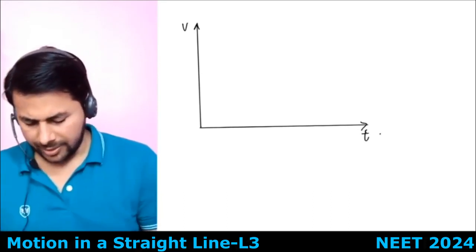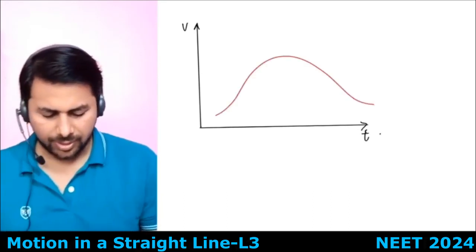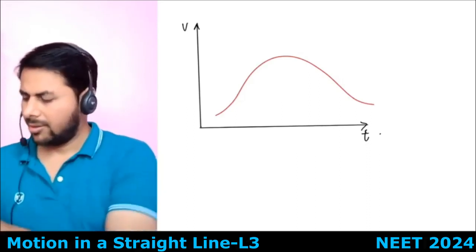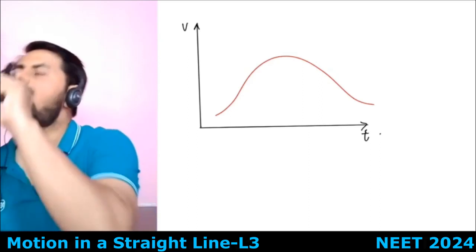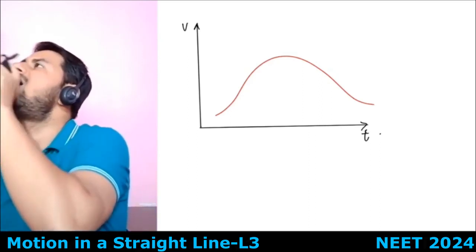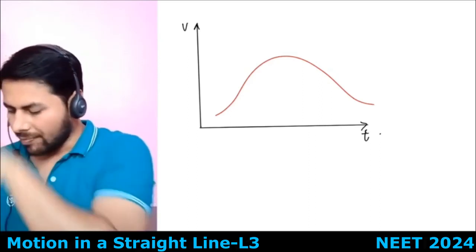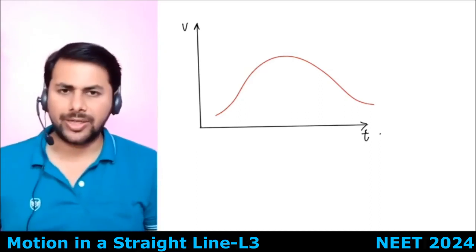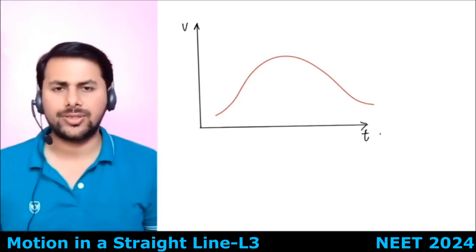So it is something like this, suppose. Okay, I'm sorry. Okay, so which is the point which has maximum velocity?